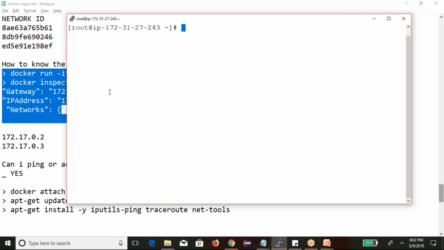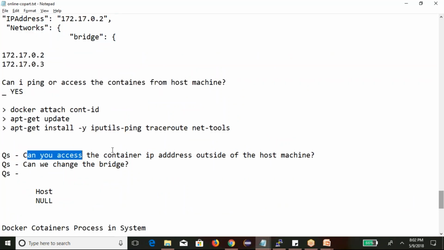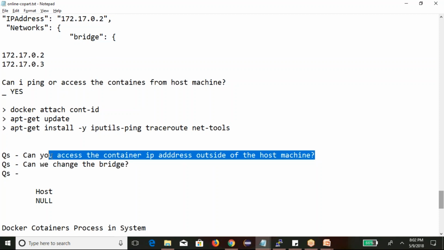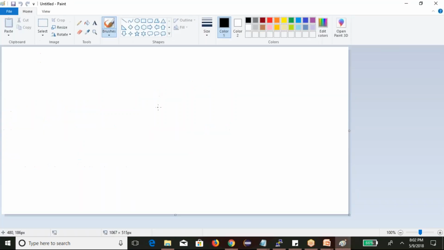Now let's come back to the question you asked: can you access the container IP address from outside of the host machine? Let's represent this. I'll go to MS Paint. Here, this is my host machine.